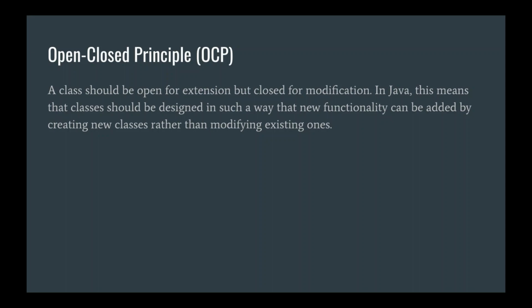So in Java, this means that classes should be designed in such a way that new functionality can be added. That's why we extend into a new class to add new functionality from the existing one. So new functionality can be added by creating new classes rather than modifying existing ones. We don't want to modify an existing class because it has its responsibility and its functionality, and that should not change.